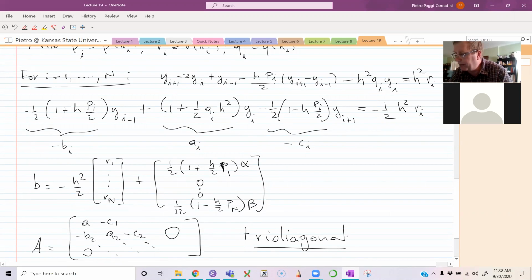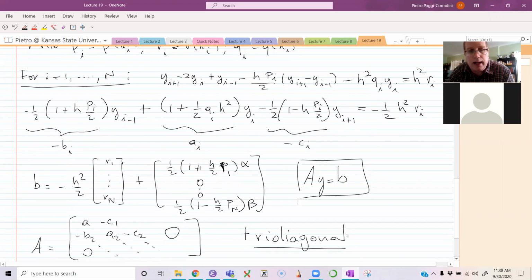We want to write a system Ay equals b. The vector b, not to be confused with this bi, is going to have this number, minus a half h squared ri.